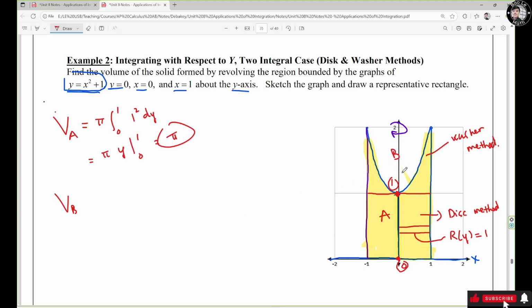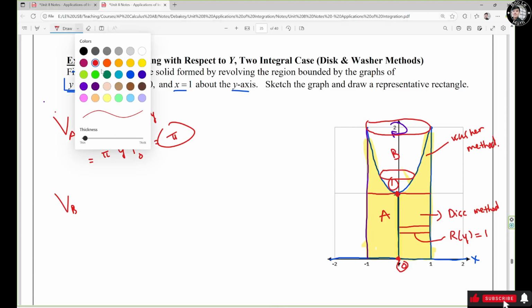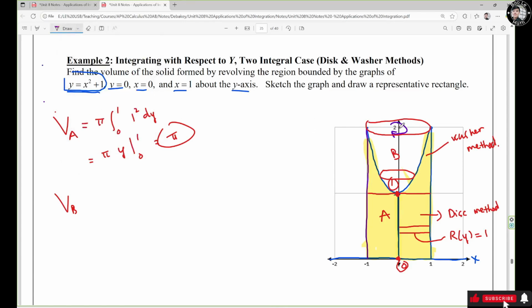Because we have the hole in the middle right here. So, the bigger circle is right here, and the smaller circle is right here. So, we need to draw two representative rectangles. The first one is right here.